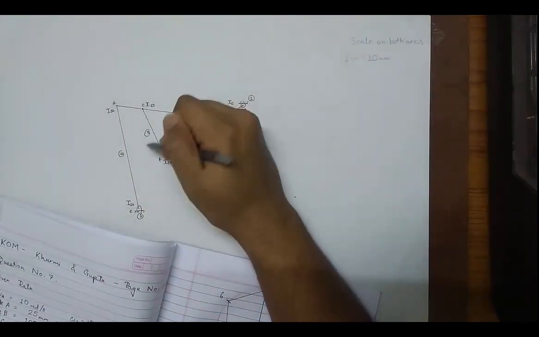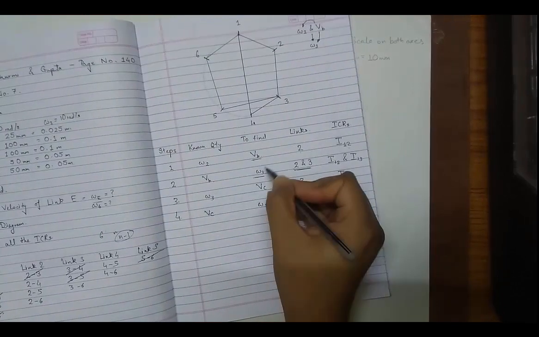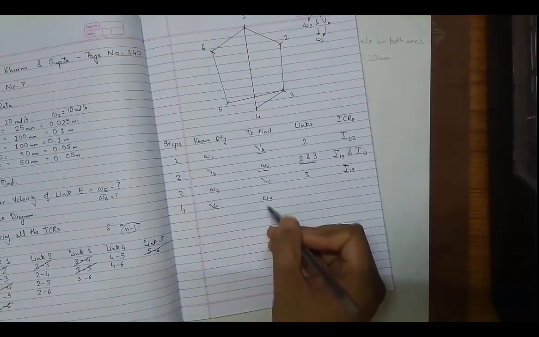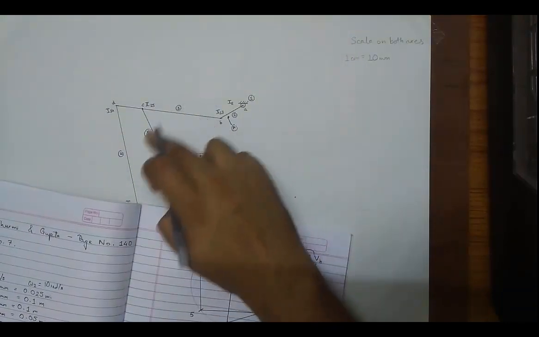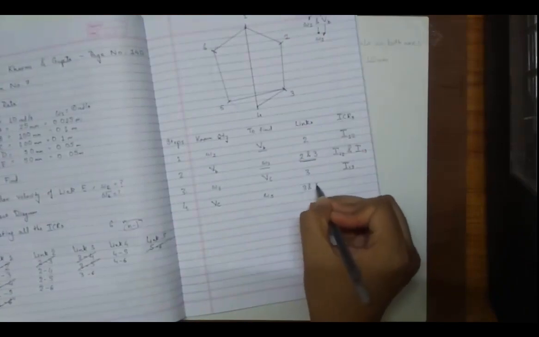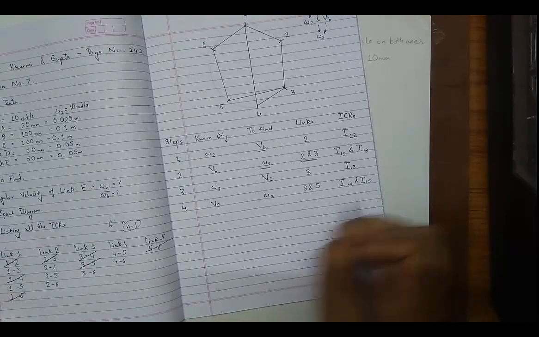Link 3 and link 5. So we can find the angular velocity of 5 because we already know the angular velocity of 3. So we are interested in link 3 and 5, so I13 and I15.